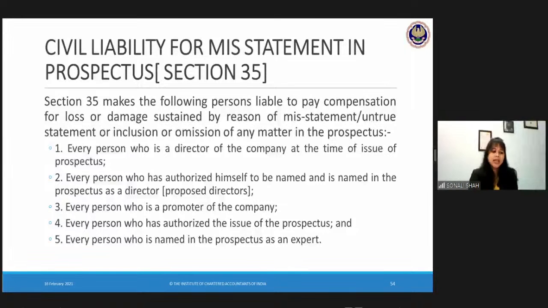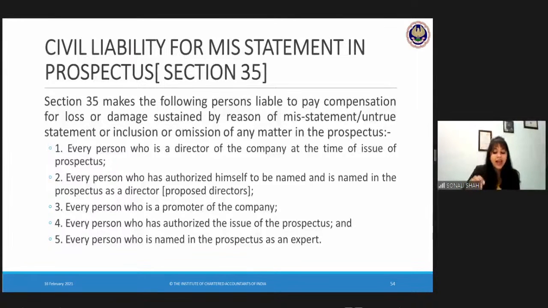Shoaib is asking me, ma'am, the fine says at least 10 lakh rupees or 1% of the turnover, that is the amount of fraud that we are talking about. So if 1% of the turnover is 8 lakh rupees, then which one will we take? The amount which is lower.